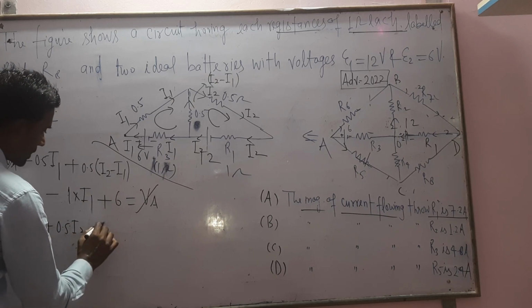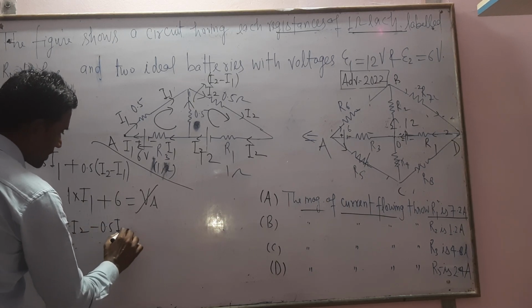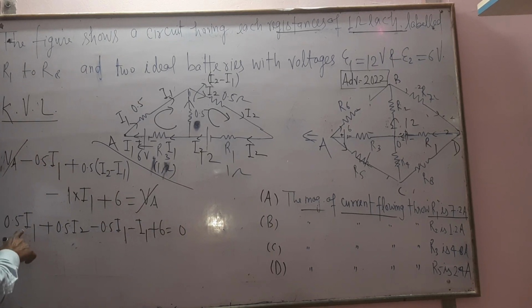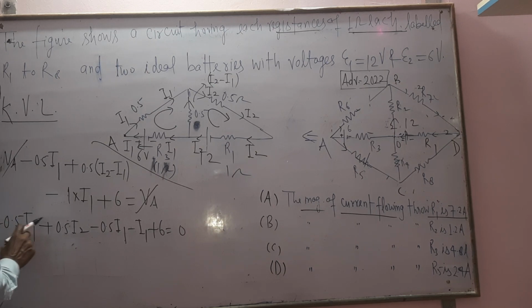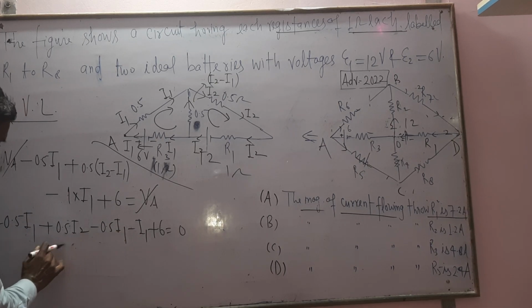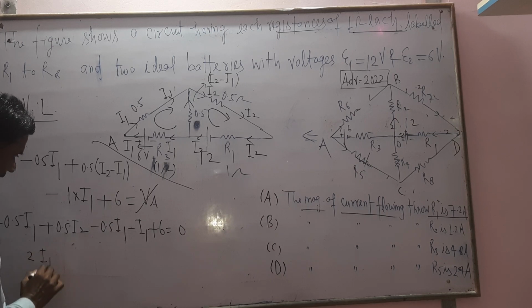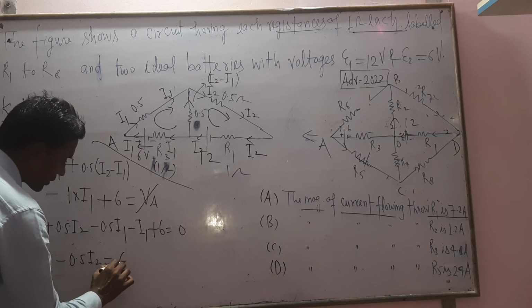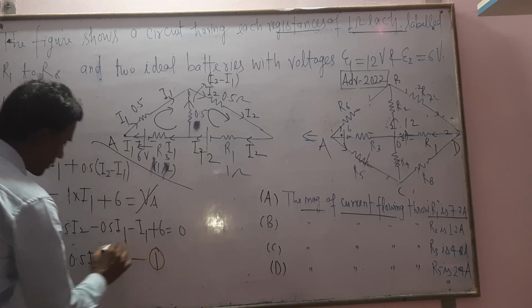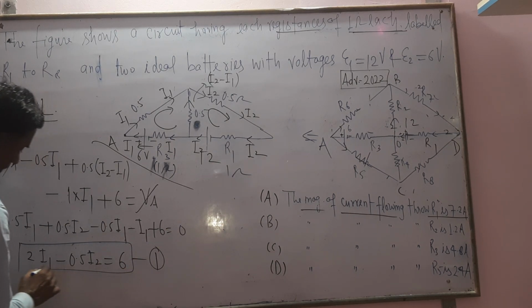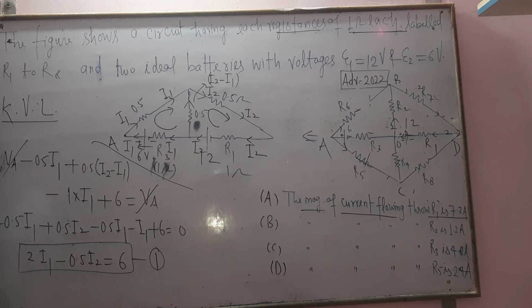So minus 0.5 I1, minus 0.5 I1, minus 1 I1, which gives minus 2 I1, plus 6 volt equals 0. This implies that 2 I1 minus 0.5 I2 equals 6 volt. This is equation number one.